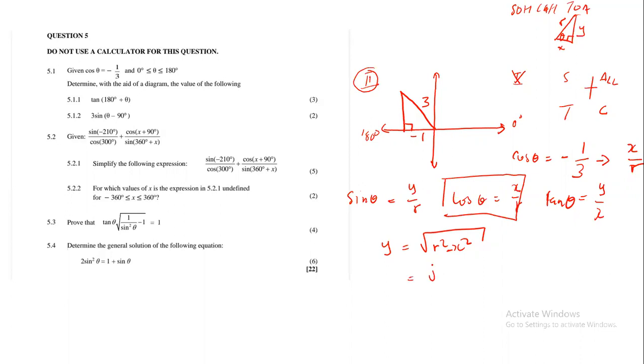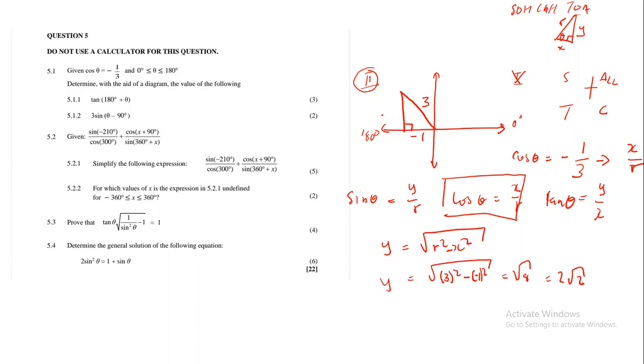Therefore, the numerical value of r in this case is +3 to the power of 2, subtract our x, which is -1 to the power of 2. You can just punch this on your calculator without wasting any time. That's going to be 9 subtract 1, which is root of 8. What is the root of 8 in simplest surd form? It's 4 multiplied by 2, so it's going to be 2 root 2. This will be the value of y.